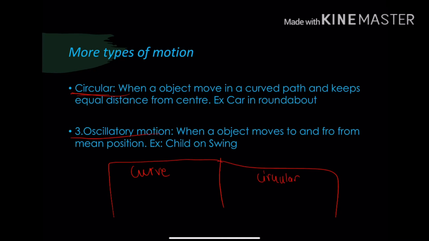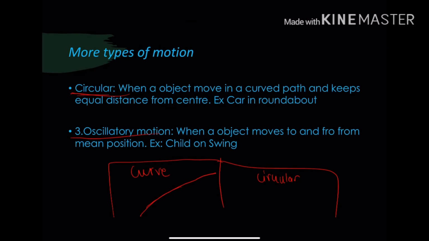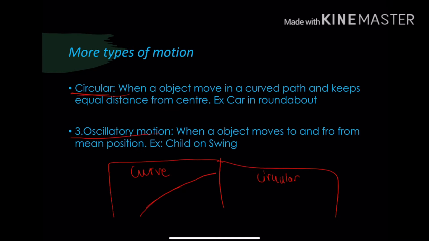In a curve, it's going like this, and the distance from the middle is changing. For example, if the distance is 5 kilometers here, it's going up, so the distance is getting greater. So it's going to become 6 kilometers here. The path might look like this.